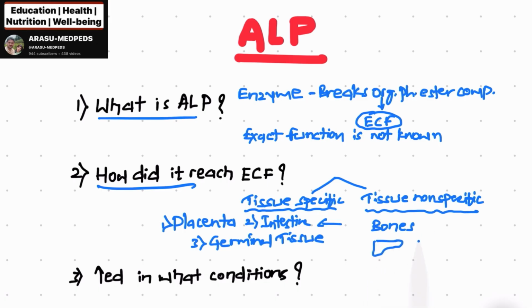So in the liver, it will be there in the cytosol and surface of hepatocytes. These two sources, which are considered among tissue non-specific, contribute to more serum alkaline phosphatase. So this aspect is very important for us.